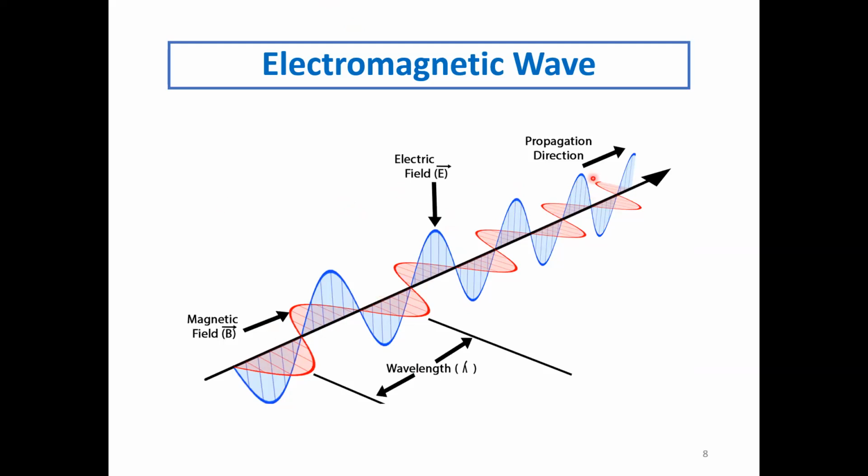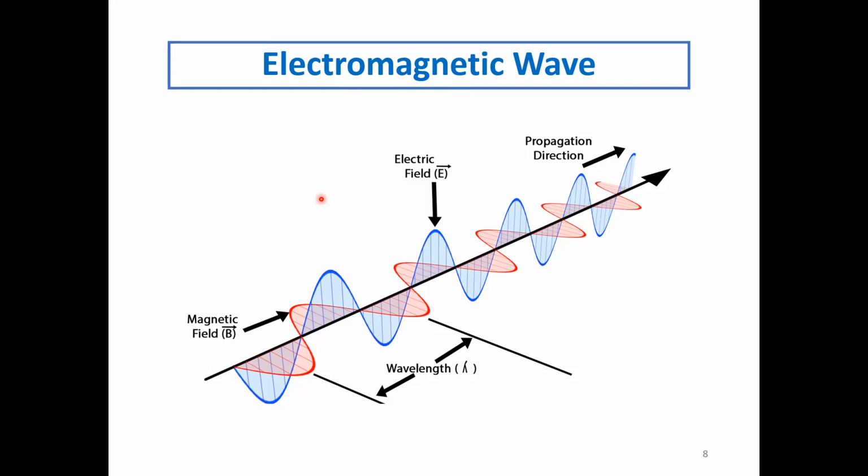See, that is the electromagnetic wave figure. See this figure very carefully. Electromagnetic means electric field and magnetic field.